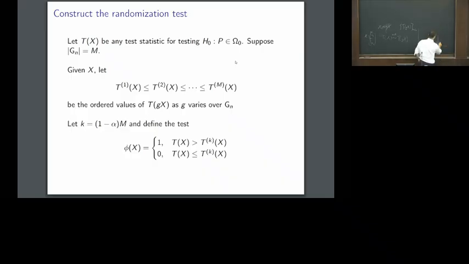If I want this to integrate to 1 minus alpha, this would be Tk. You could call it c 1 minus alpha to make it reminiscent of the usual notation. Then our test, the accept or reject decision, just asks: is the realized test statistic bigger than the 1 minus alpha quantile? If yes, I reject. If not, I fail to reject.